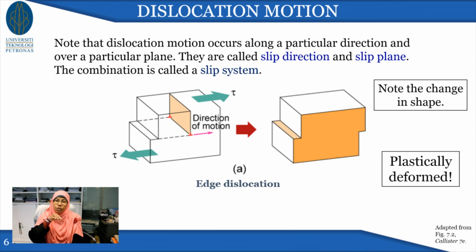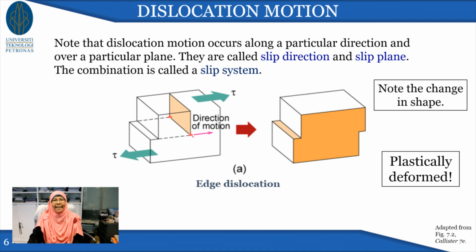When you have dislocation motion, we say it has slipped. The combination of this direction and plane we call the slip system.